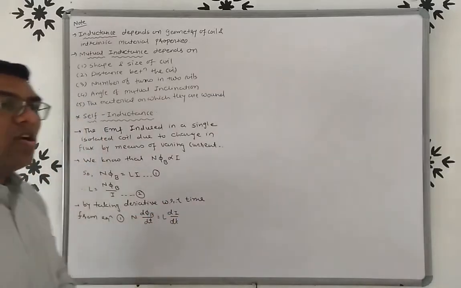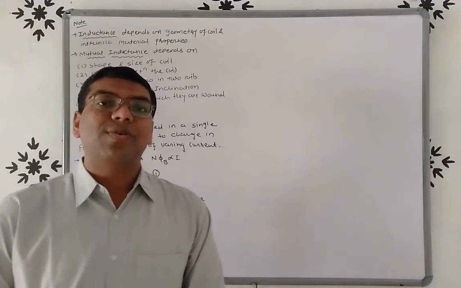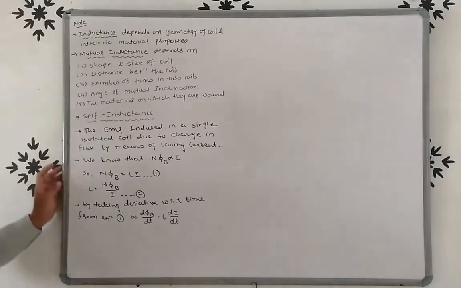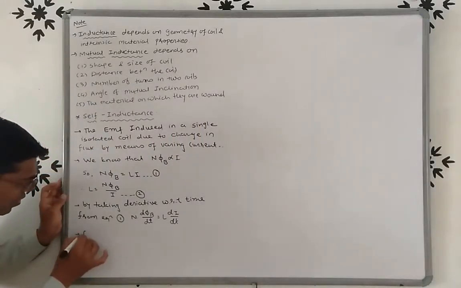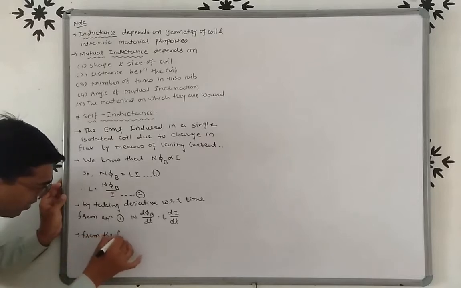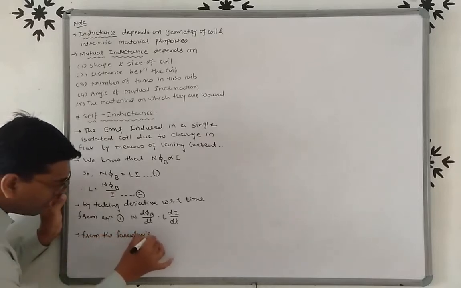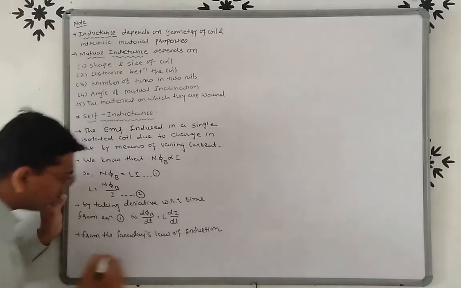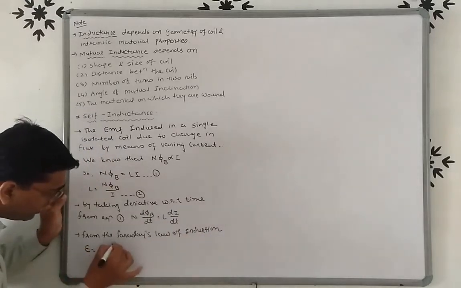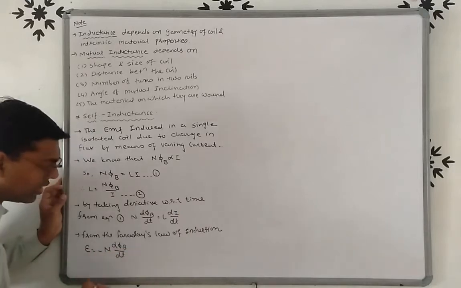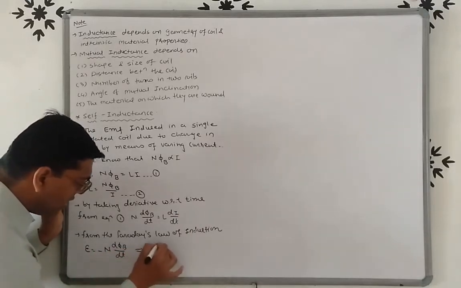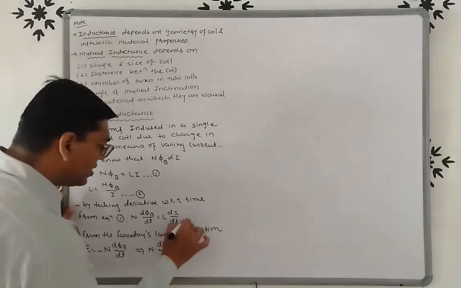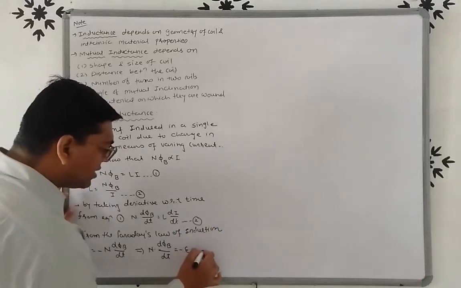But we already know from Faraday's law of induction that E is equal to minus N d phi B by dt. So N d phi B by dt is equal to minus E. This is equation number 2 and this is equation number 3.